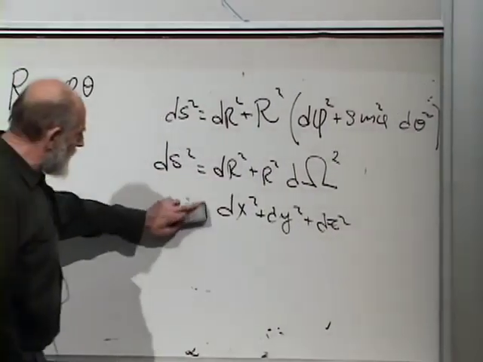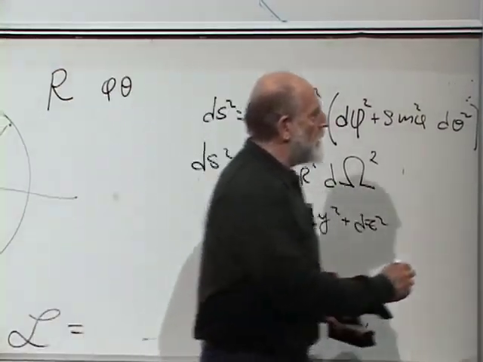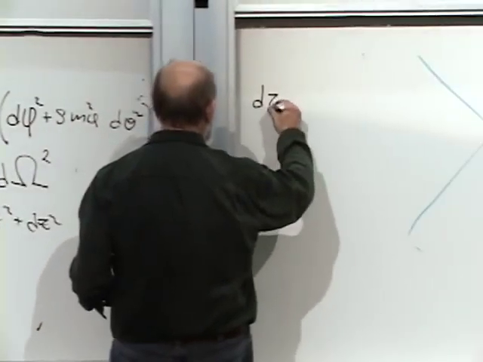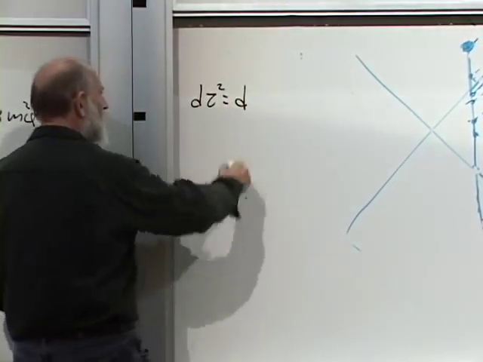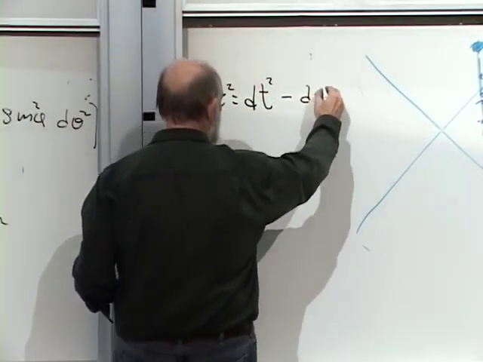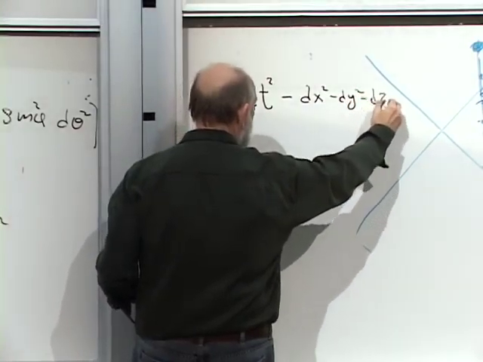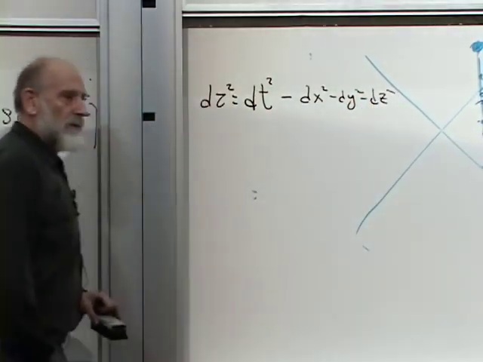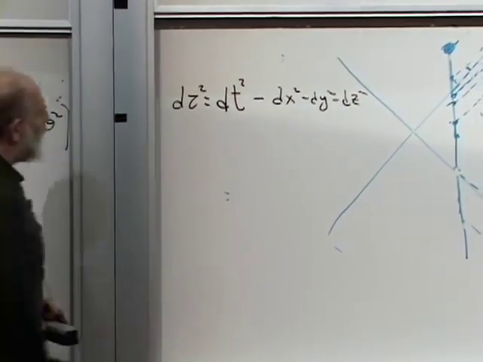The metric of space-time, which is d tau squared, is equal to, let's call it dt squared minus dx squared minus dy squared minus dz squared. Right? Where do the c's go if we wanted to put speeds of light in? I think they would go over here.